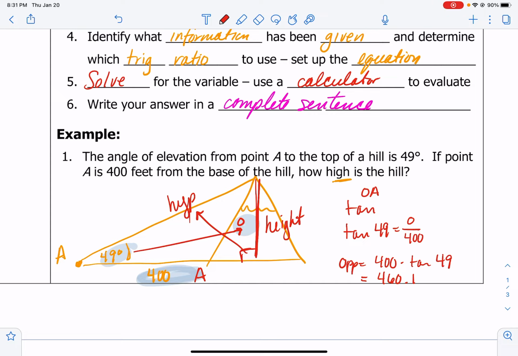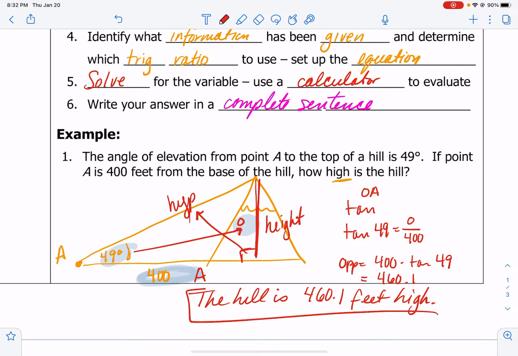So what is 461? You're going to take this last question and make it a sentence. The hill is 461 or 460.1 feet high. It's not a complicated sentence. It's just explaining what the number means in terms of the problem that you've been given.